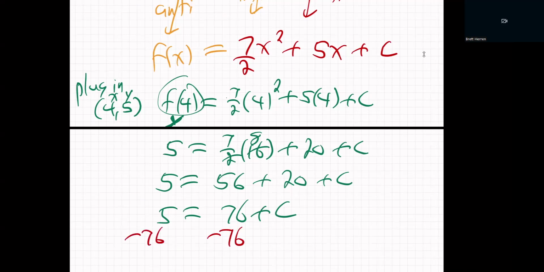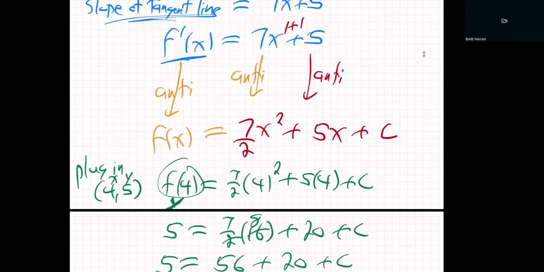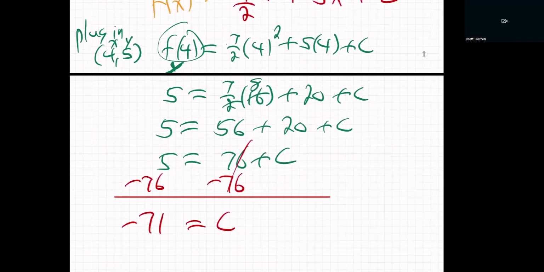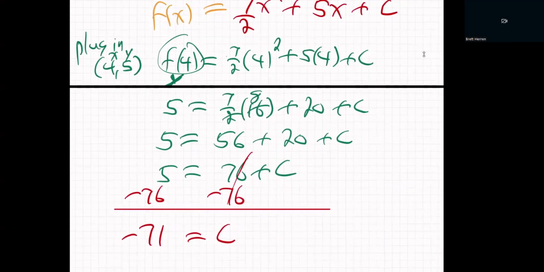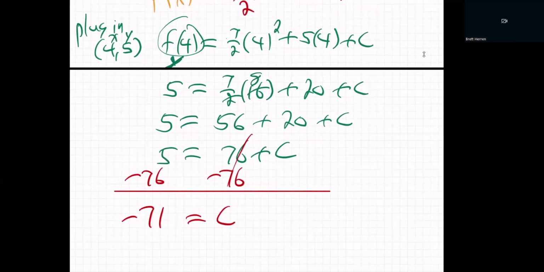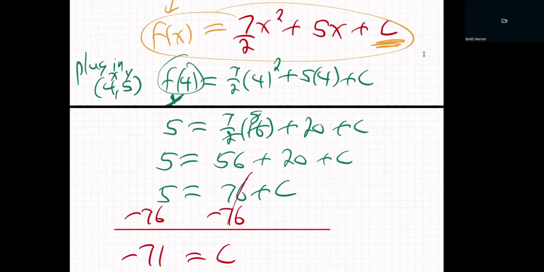Subtract 76 from both sides. Boom. Constant equals minus 71. So we found the constant. What does that do for us? That tells us that for this function, f of x, we now know what the constant is.